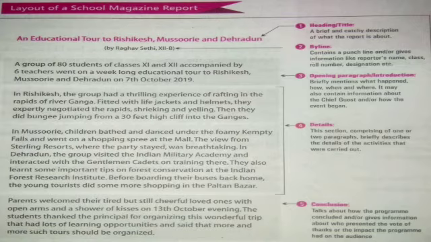Then in the middle two paragraphs, we will mention the details, and in this section we will briefly describe the details of the activities that were carried out. So let us see the detailed paragraphs after the opening paragraph. In Rishikesh, the group had a thrilling experience of rafting in the rapids of river Ganga.